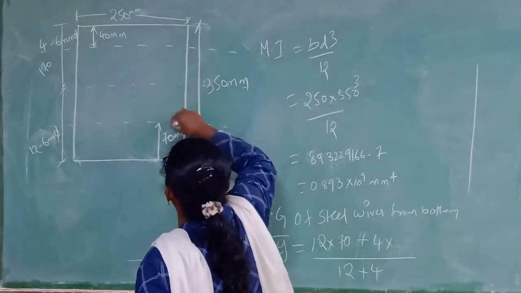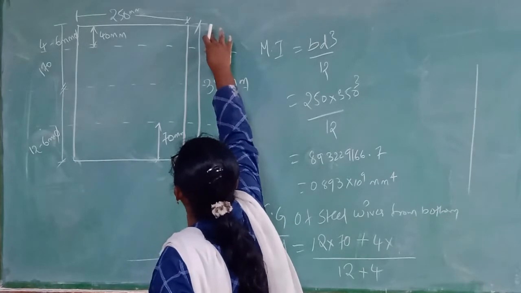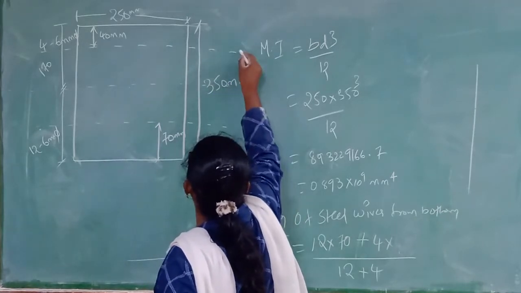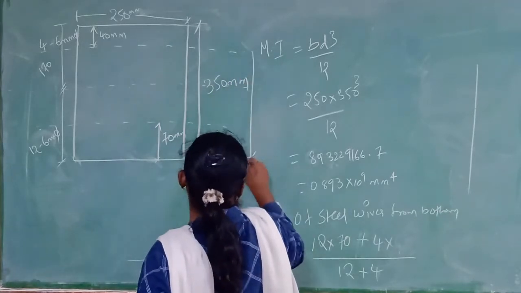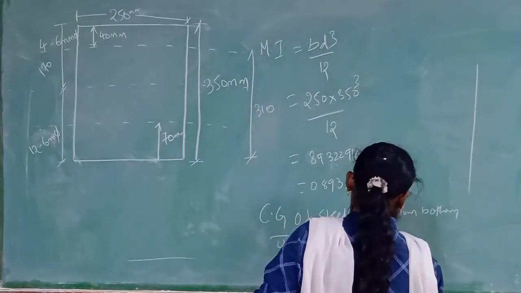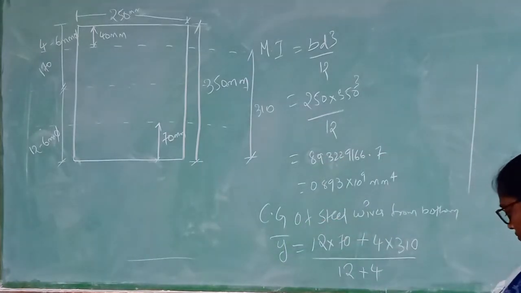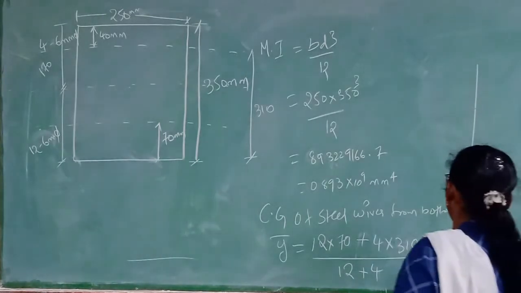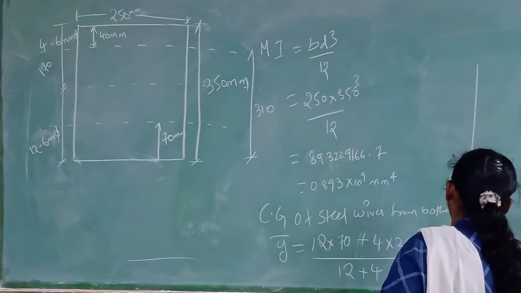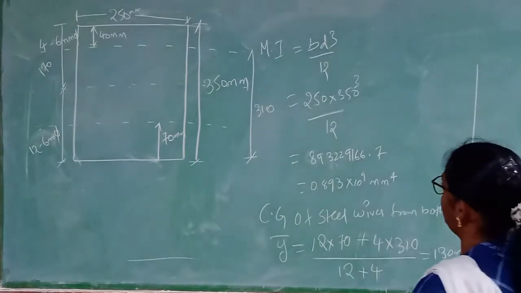Here we need to deduct this part, the 40 mm. How much are we left with? From here to here we are left with 310, so that will be 130 mm. That will be your 130 mm. Next, calculate the eccentricity.